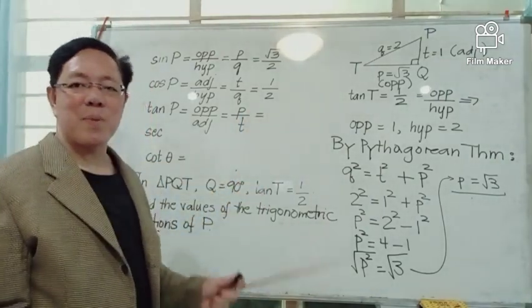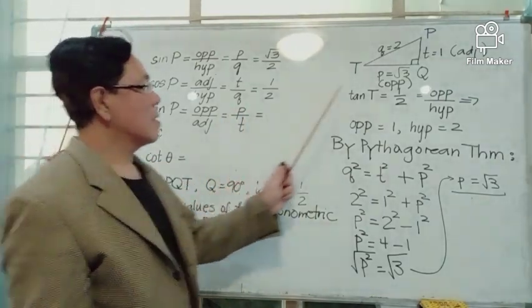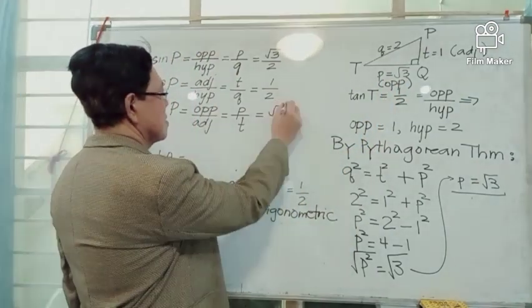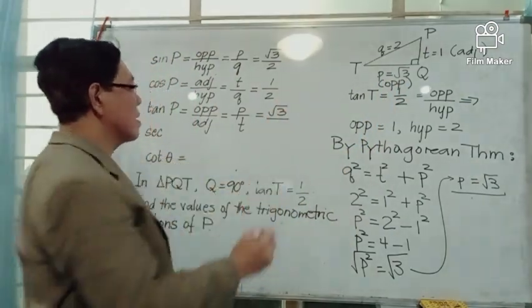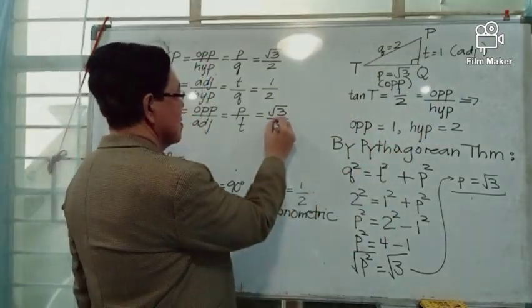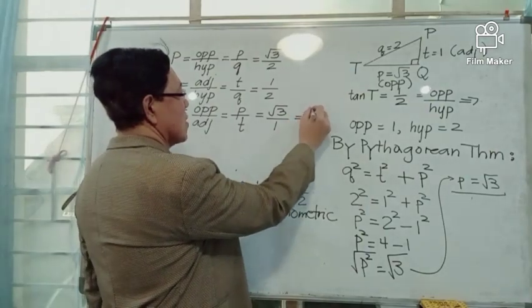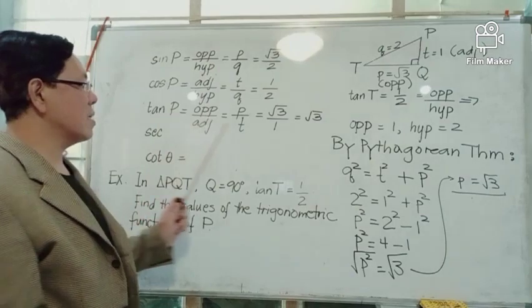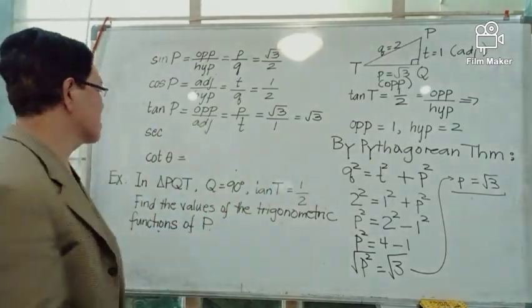Substitute the values of p and t. Small p is square root of 3, and small t is 1. Or we simply write square root of 3. Tangent of angle P equals square root of 3.